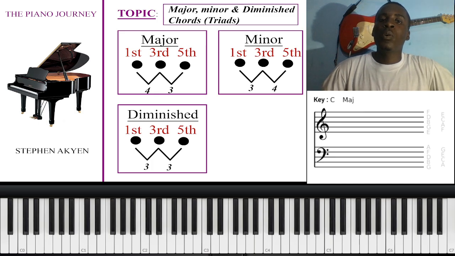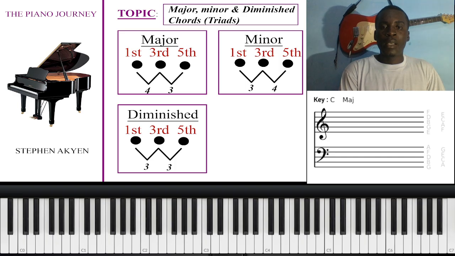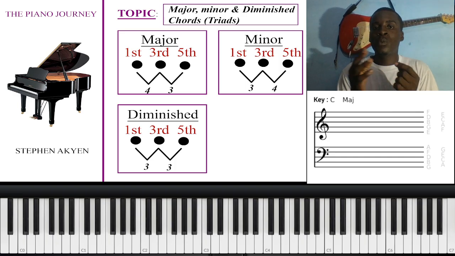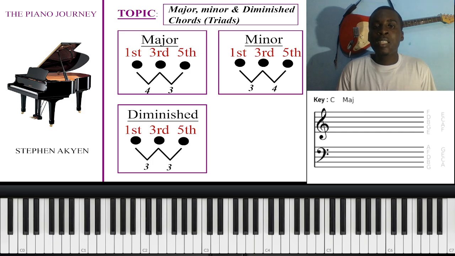Now there is another chord we know as the diminished chord. So this diminished chord, the term implies shrunk. Something diminished means something small. It is given the name due to its size or the shape of it.